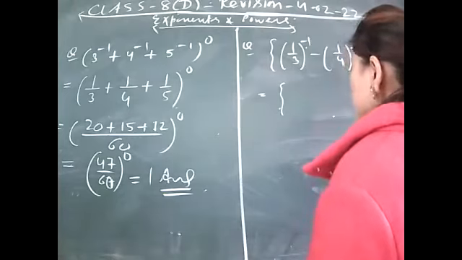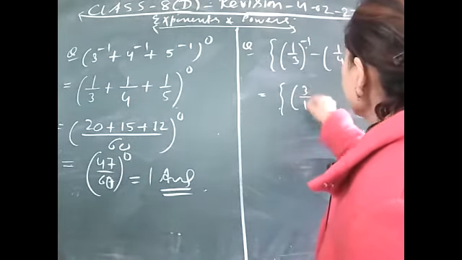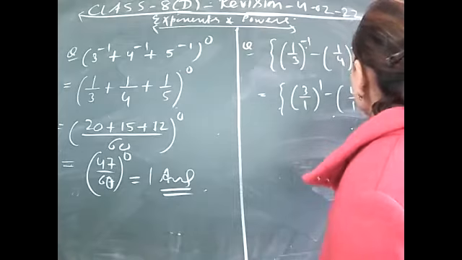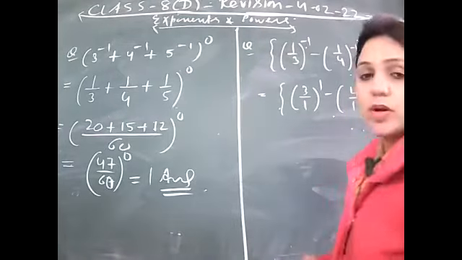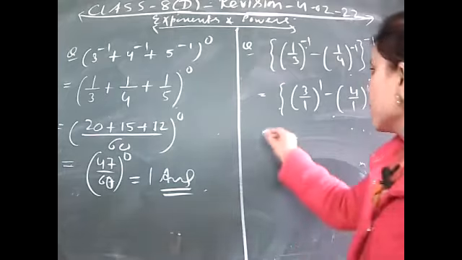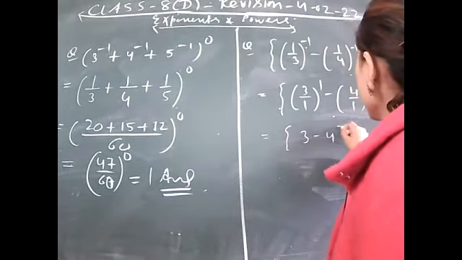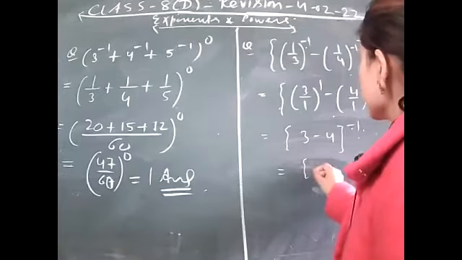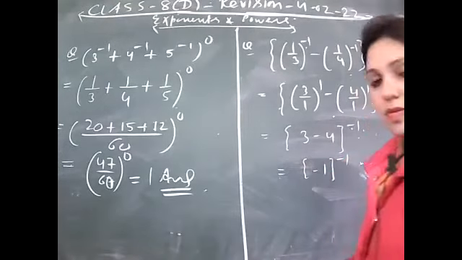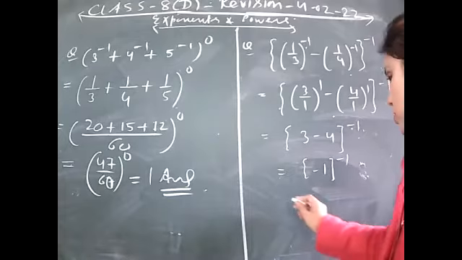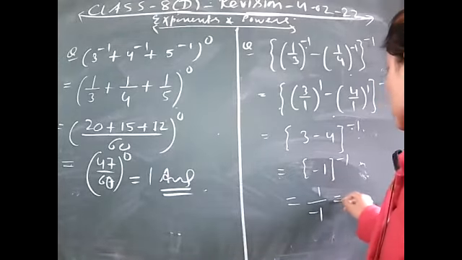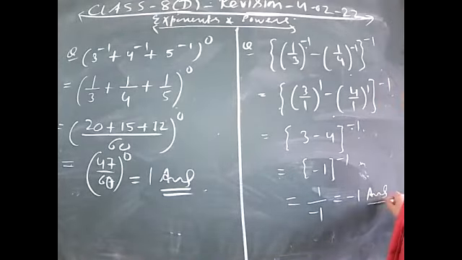So if we take the reciprocal of this number, it will be 3 by 1 raised to power 1, 4 by 1 raised to power 1, whole raised to power minus 1. Right? So you will have 3 minus 4 raised to power minus 1, and this is minus 1 raised to power minus 1. So negative power is to become positive. This is 1 upon minus 1. So the answer is minus 1. Let us do the next question.